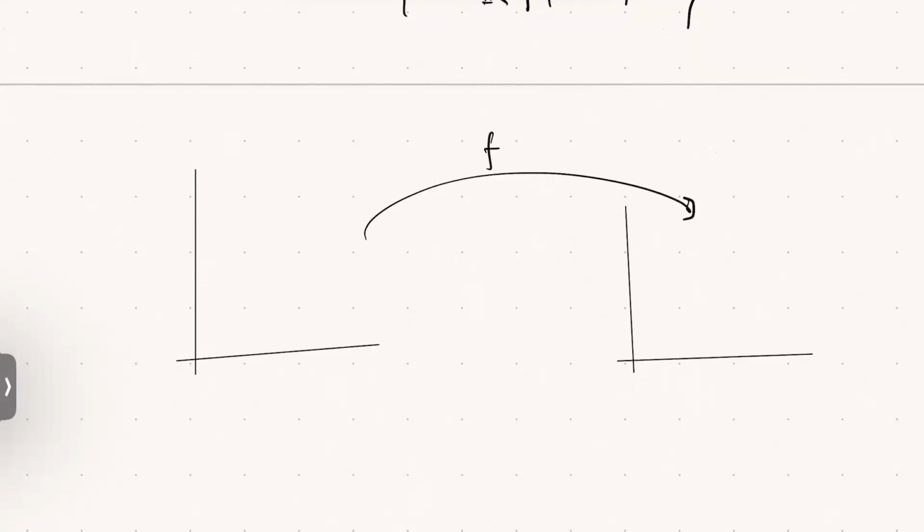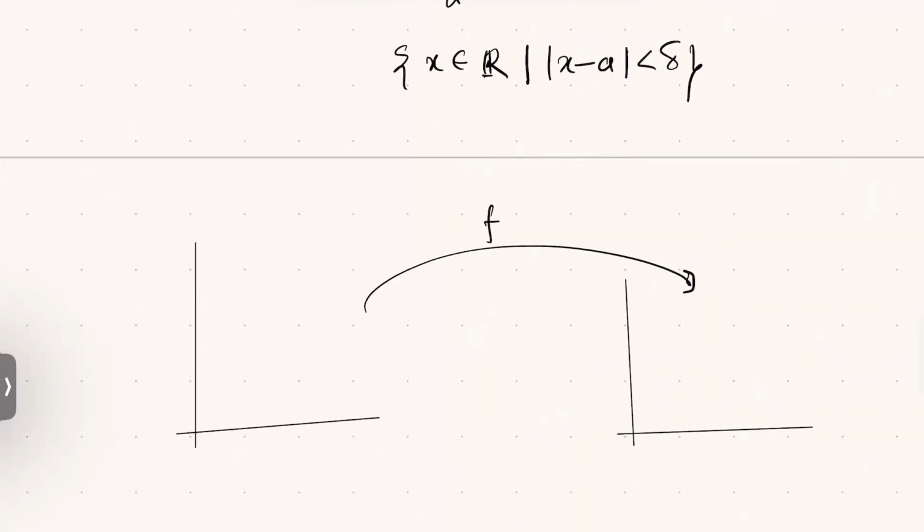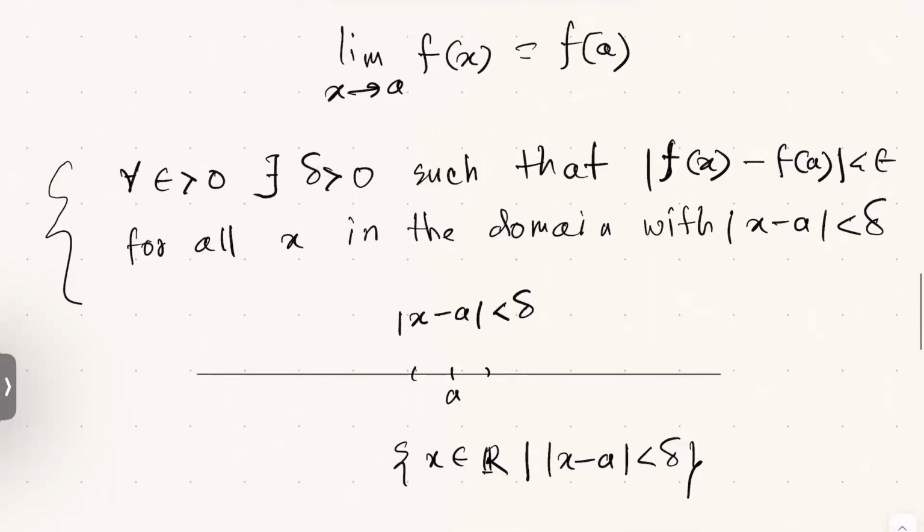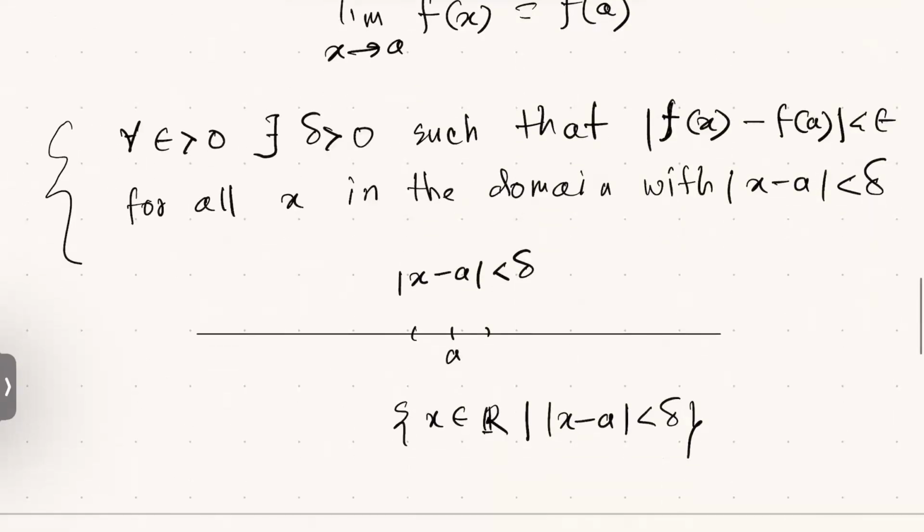Although we are still considering the set of real numbers, let us consider a different set than the set of real numbers. The definition says for every epsilon greater than 0, absolute value of f of x minus f of a is less than epsilon.